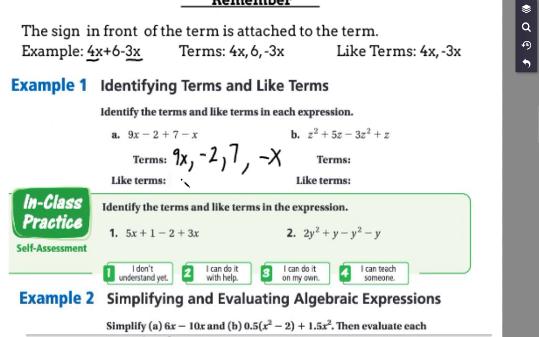And the like terms, we have 9x and negative x. And then we have the constants, which are negative 2 and 7. So those go together right there.